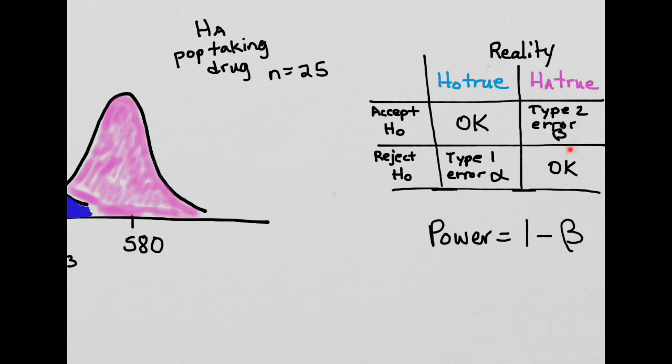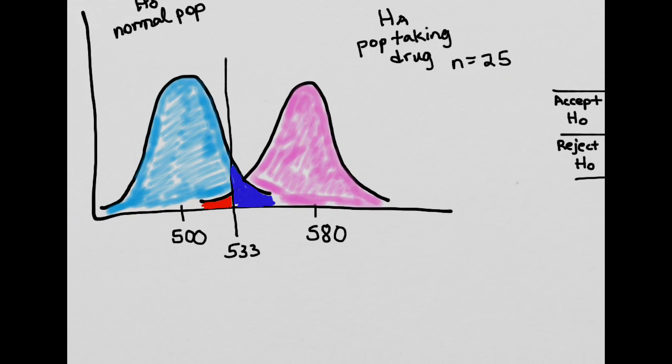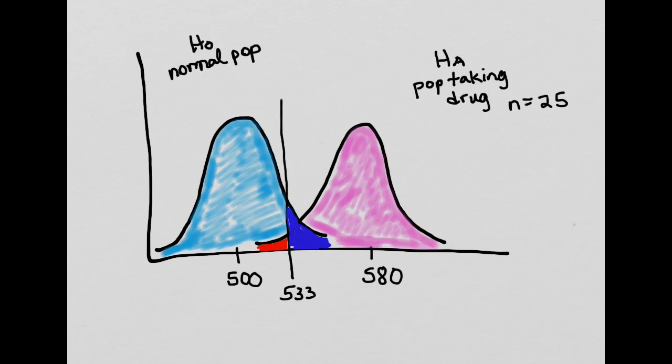And so for power, we know that the whole total distribution adds up to 1, and so 1 minus beta is actually going to be this whole portion here. So 1 minus beta then is this probability.